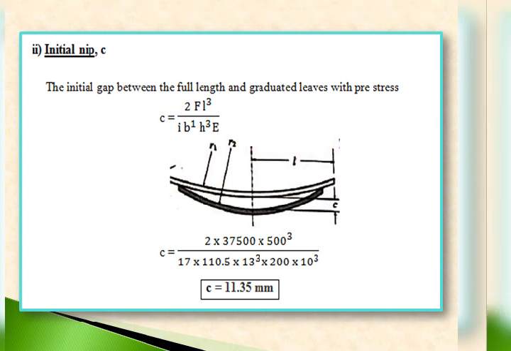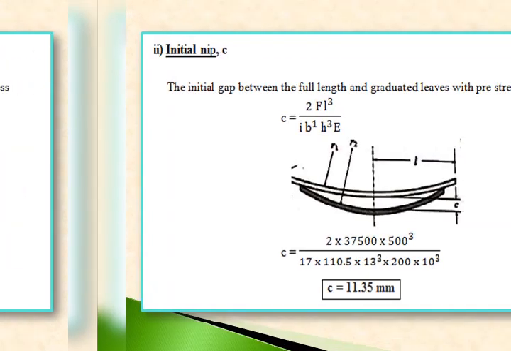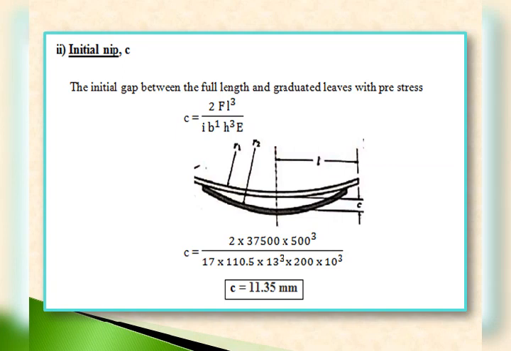Next, by substituting this in the previous equation, b' = 8.5 times h, so the width of the leaf is b' = 8.5 into 13, that is 110.5 mm. So the cross section is 13 into 110.5 mm. This is the required first unknown.